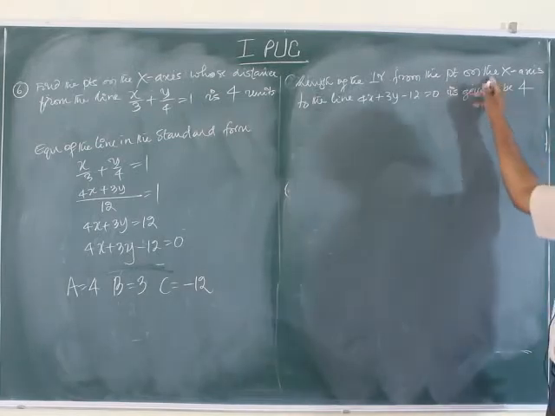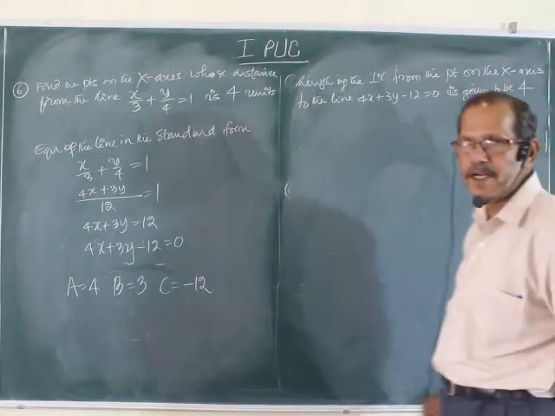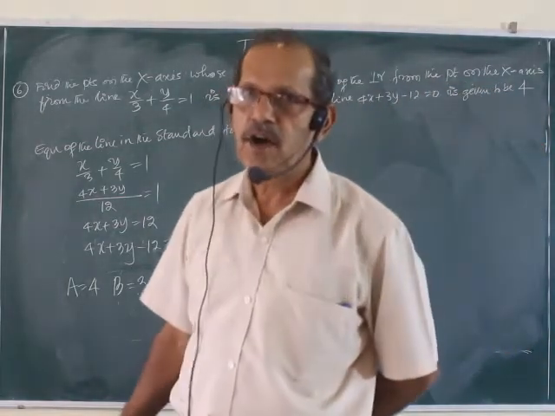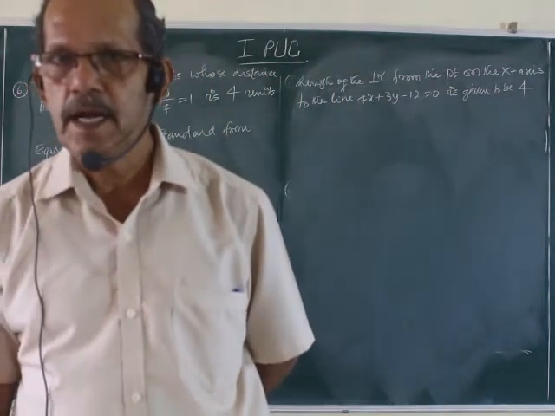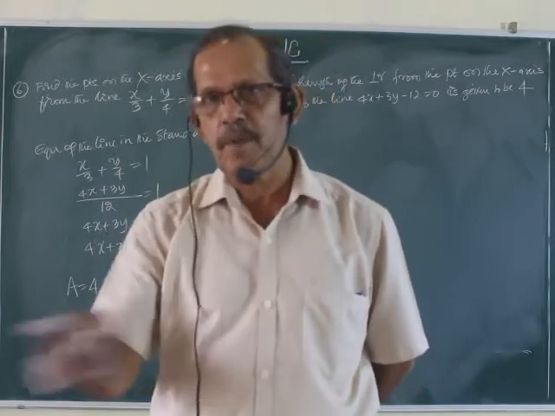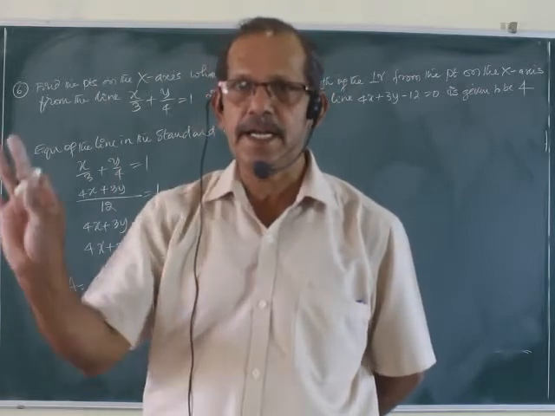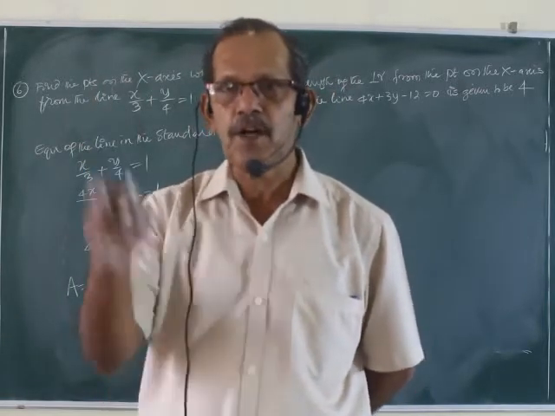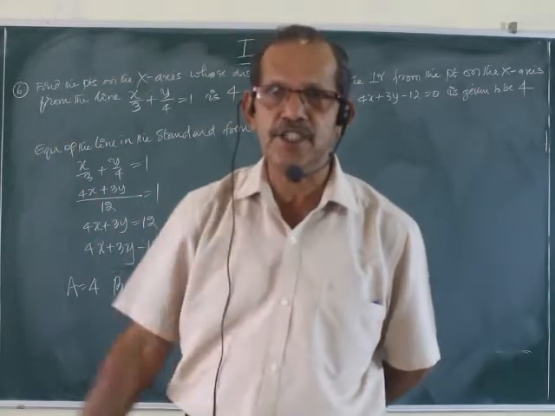Now, point on the x-axis means what? Which point? X coordinate is there, y coordinate 0. For all the points on the x-axis, y coordinate is 0. For all the points on the y-axis, x coordinate is 0.